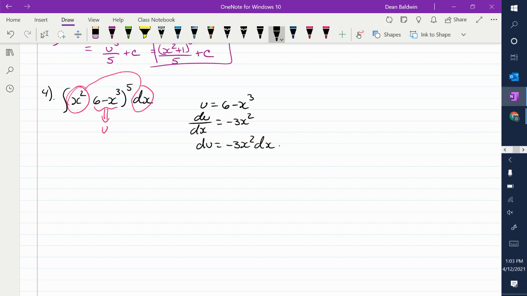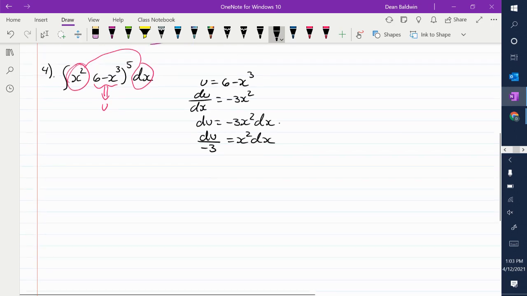But what's the problem with this and what I have in there? It's negative 3, right? So what do I do to get rid of the negative 3? Divide it off. So now you have x squared dx and x squared dx.